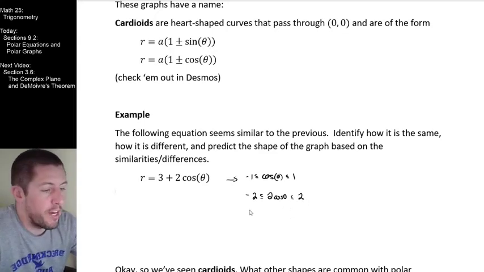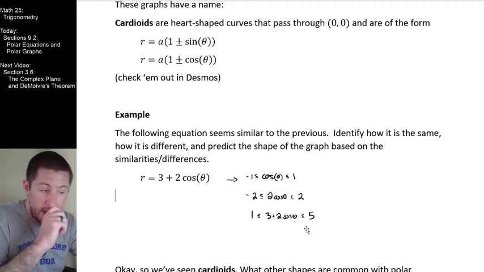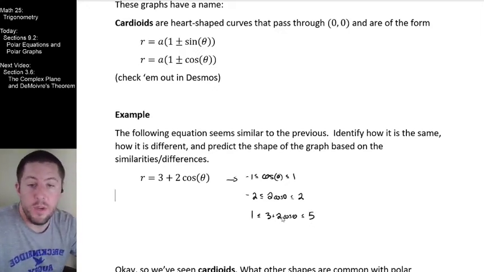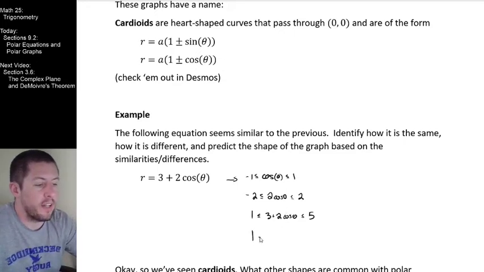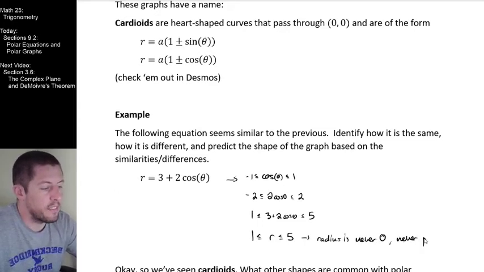And now if I add 3 to all three sides, I get that 3 plus 2 cosine theta is between 1 and 5. And I'm noticing that 3 plus 2 cosine theta is exactly r. So I'm noticing things like the radius is never 0. So therefore, it never passes through the origin.